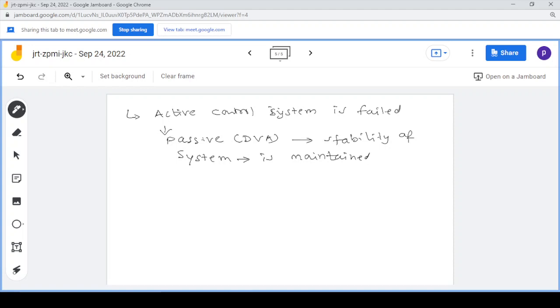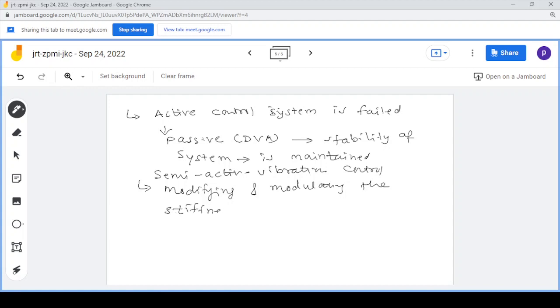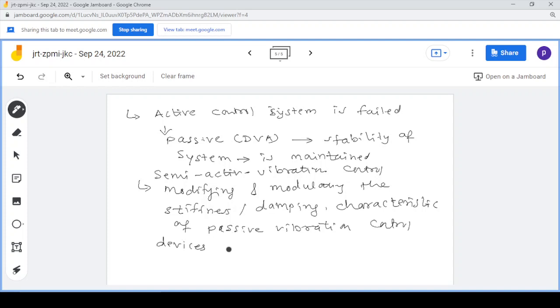So there exist diverse semi-active vibration control methods that operate on modifying and modulating the stiffness or damping characteristics of the passive vibration control devices in real time, and so are consuming less power.